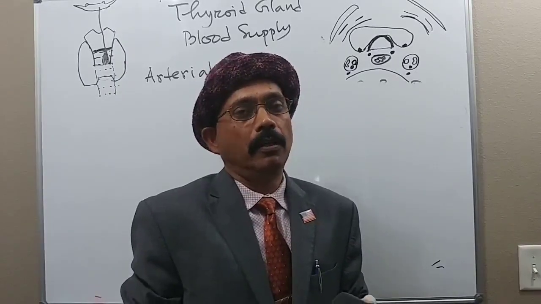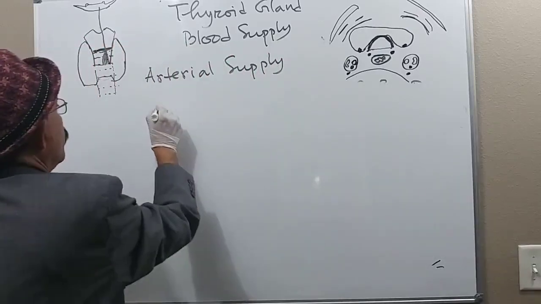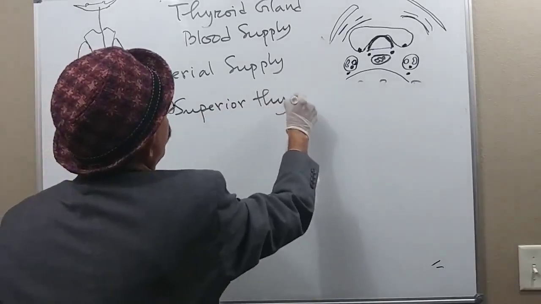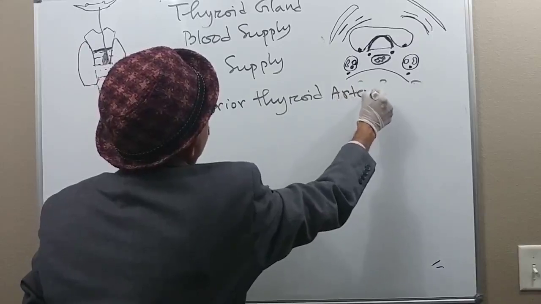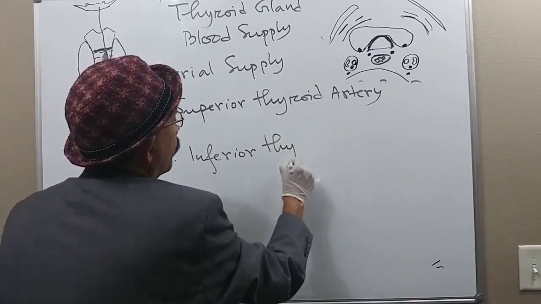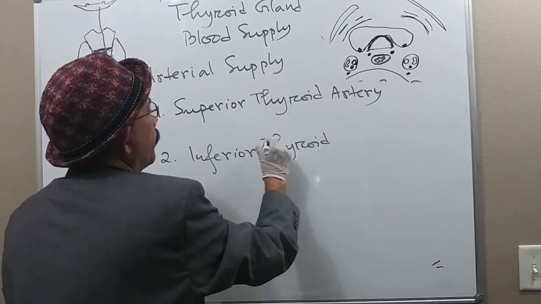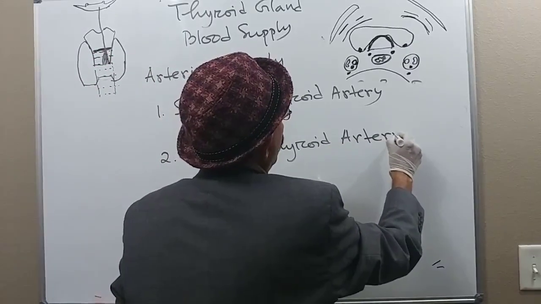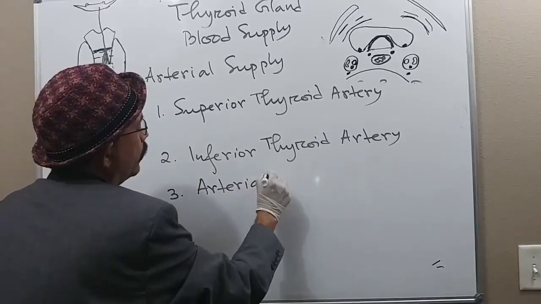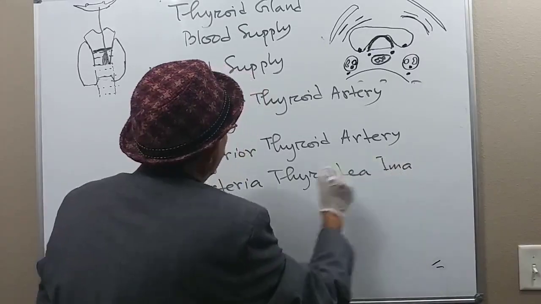Sometimes also by another artery, which we call the thyroidea ima artery, or just the ima artery.